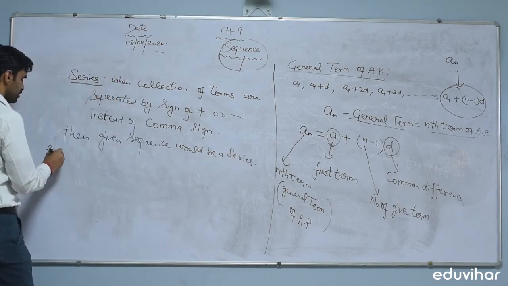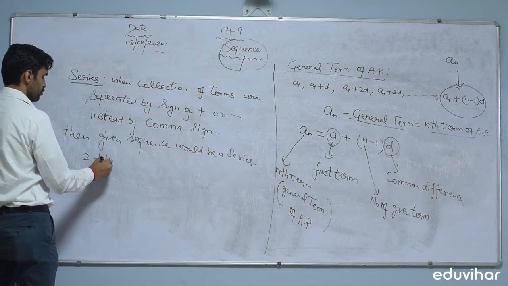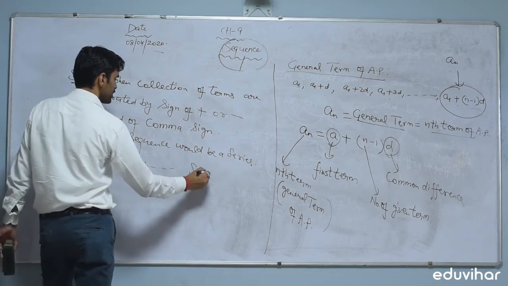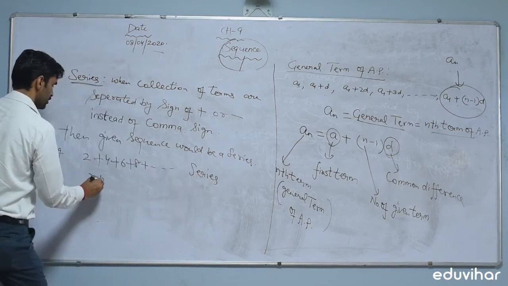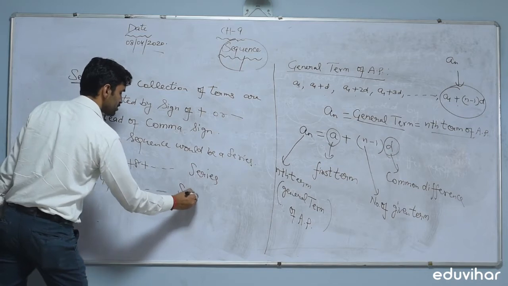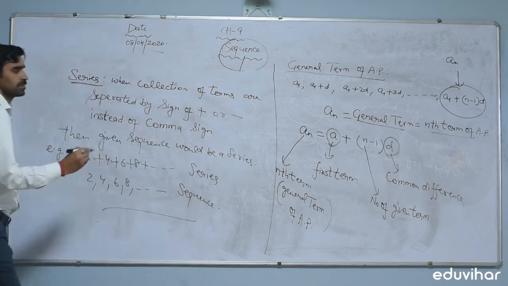For example, 2 plus 4 plus 6 plus 8 is a series, and 2, 4, 6, 8 is a sequence.